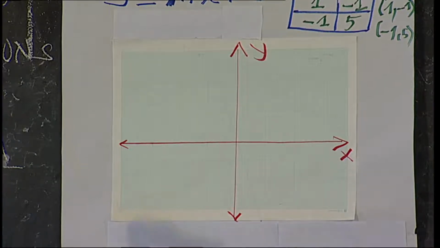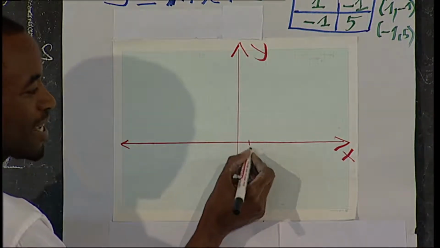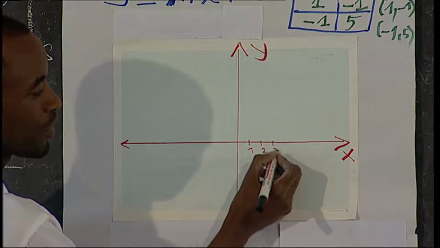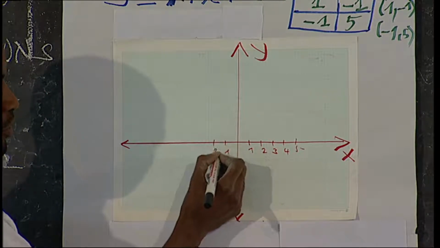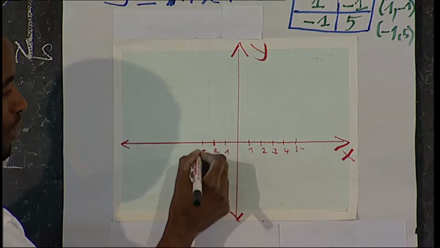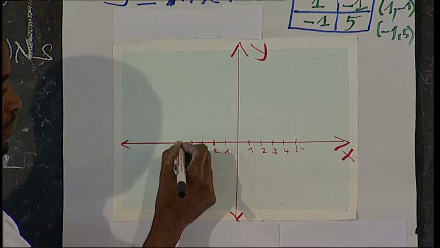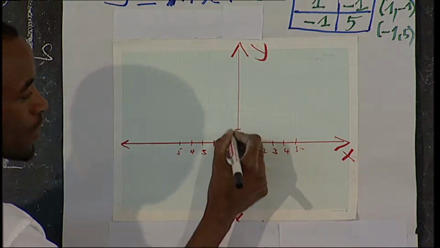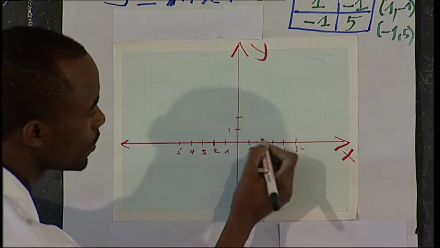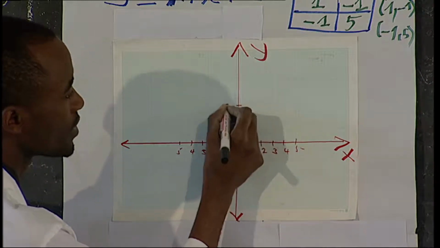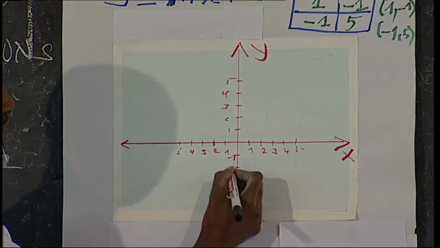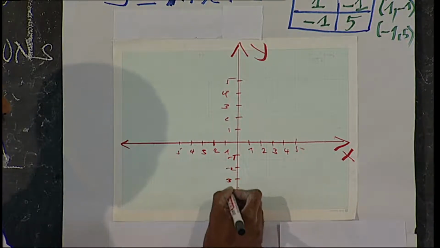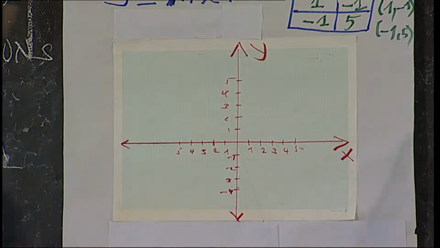After that, you need to put the graduations. Let's say this is 1, 2, 3, 4, 5. The same thing here, -1, -2, -3, -4. After putting the graduations over there, we are going to draw our points.